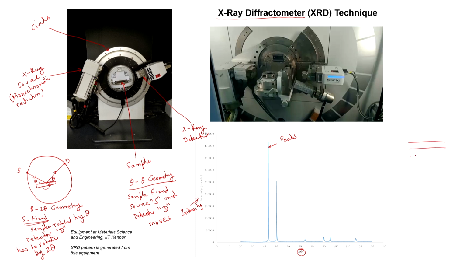So, let us say these are my HKL planes. This is the incident beam, this is the reflected beam, this angle is theta, this angle is theta. Now, if I extend this incident beam, then the angle between the incident beam and the reflected beam is 2 theta.